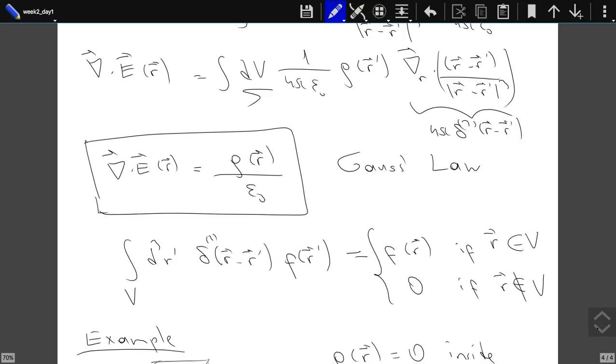Given the electric field, we can determine the charge density. Well, basically, that is how we are determining the charge density experimentally. We are measuring the electric field that a given charge distribution creates. By using that electric field, we are kind of trying to take its divergence, and using the divergence, we are trying to evaluate the charge density.